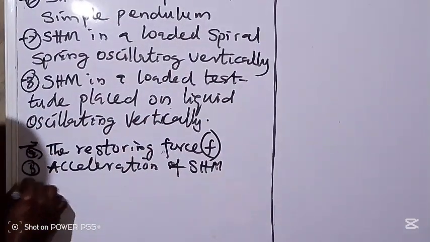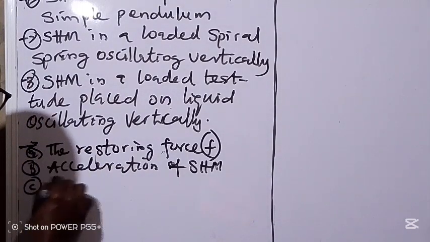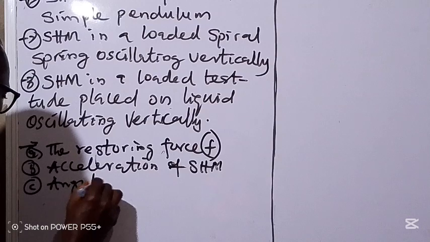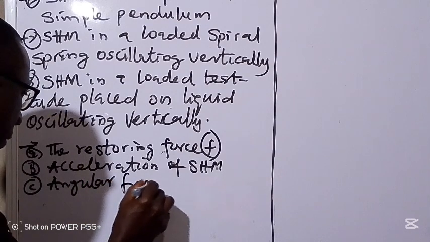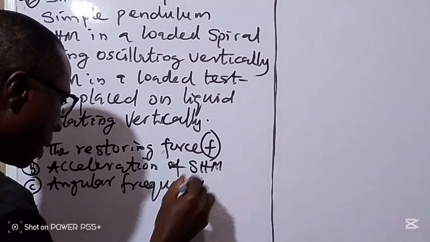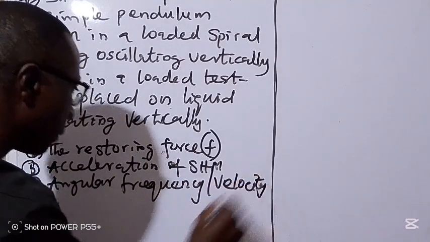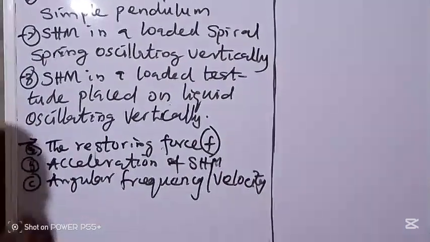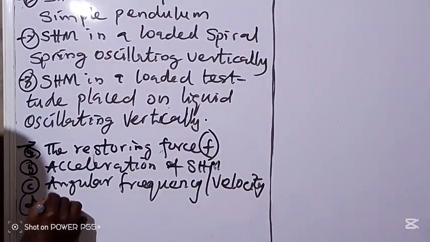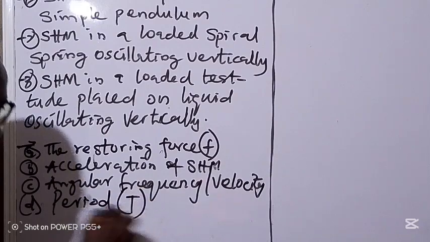C, angular frequency or velocity. D, period T of each.